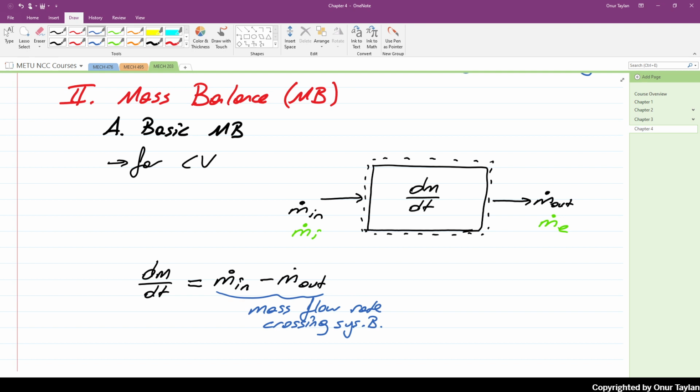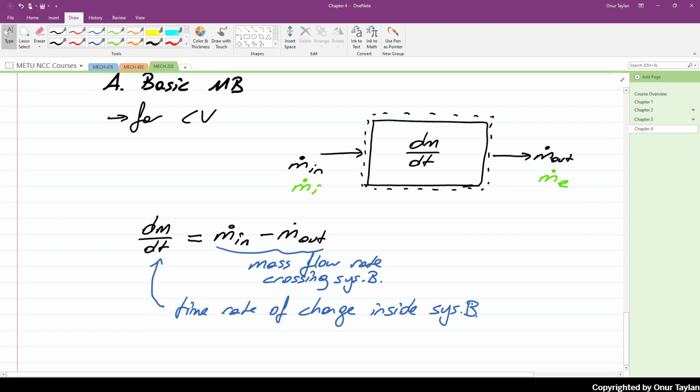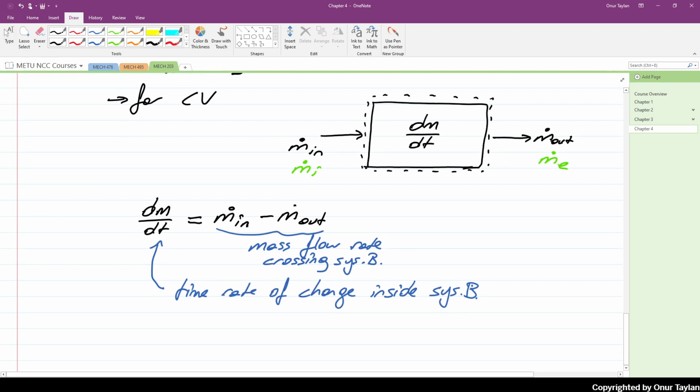It is important. And then the left-hand side is the time rate of change inside the system boundary.